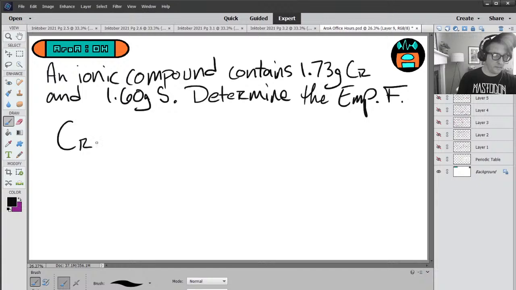So chromium, we plug in the molar value 0.03327. Sulfur, we plug in the molar value 0.04989.